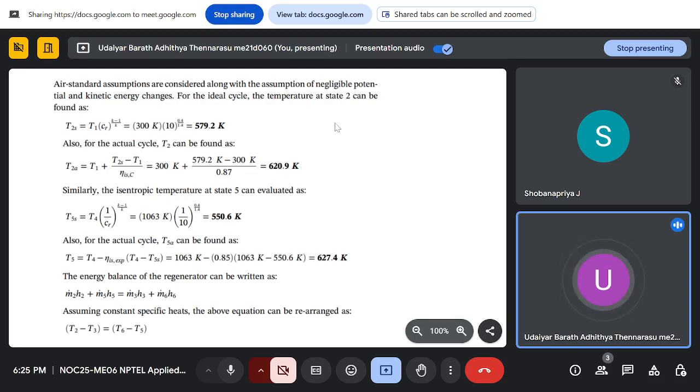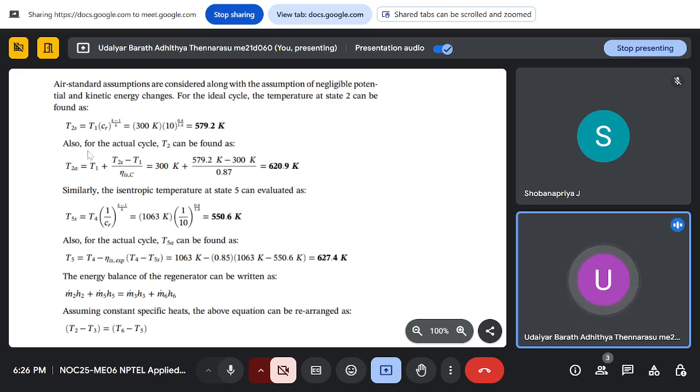So now for an actual compressor exit, because it is not 100% efficient, efficiency is ideal by actual for a compressor. Assuming it's an ideal gas, your Cp is constant, so Cp cancels out, so you get (T2S minus T1) by (T2 minus T1).